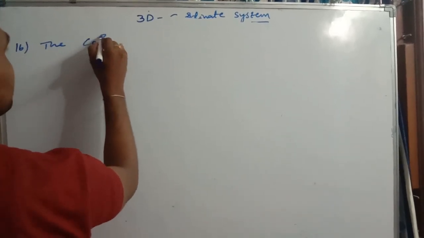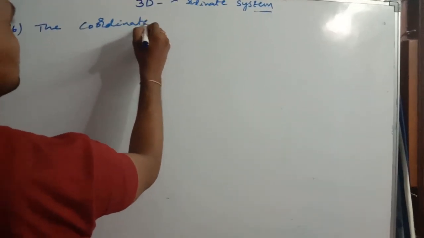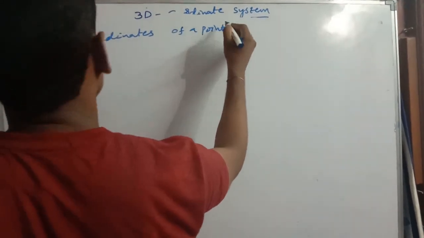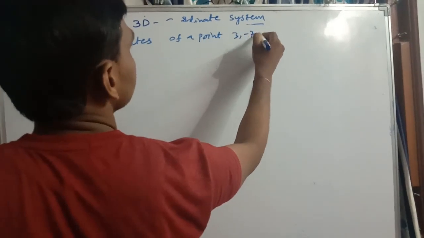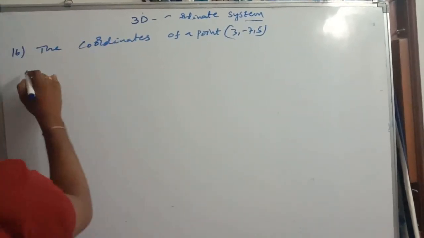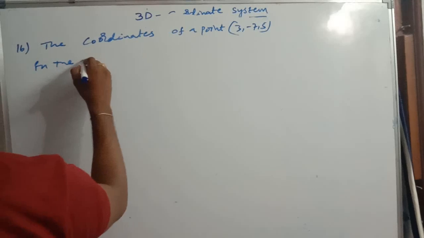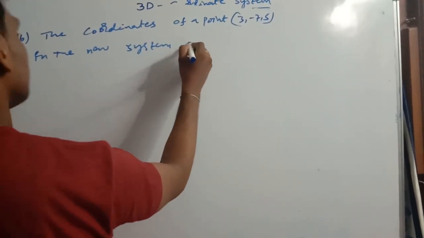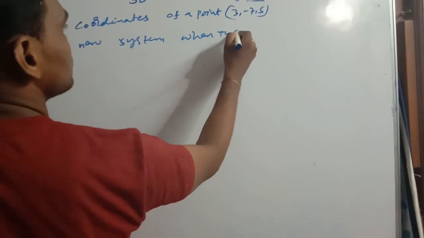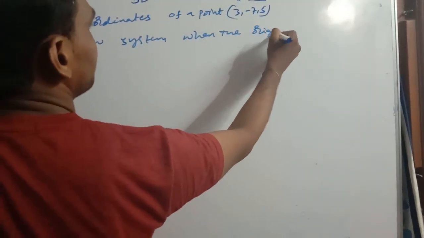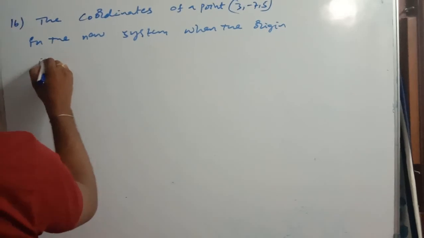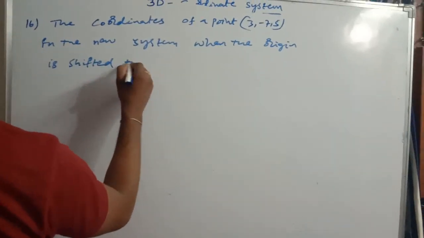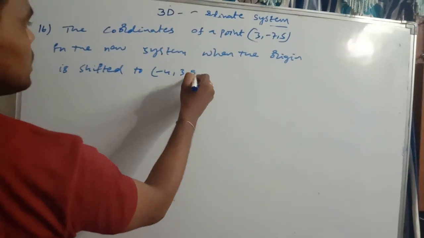The coordinates of a point 3 comma minus 7 comma 5 in the new system, when the origin is shifted to minus 4 comma 3 comma 9.